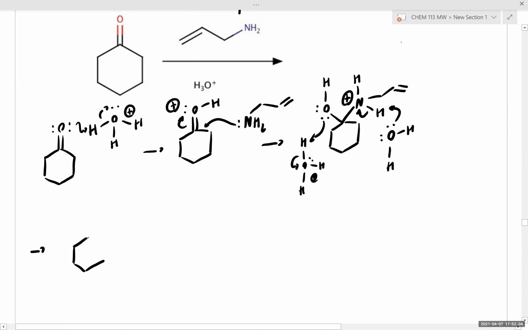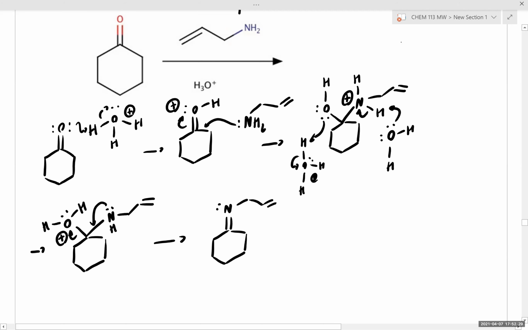From here, we're now all set up and ready to lose water as our leaving group and form our iminium ion. So we're going to kick out water via 1,2 elimination, and that will generate our iminium ion.